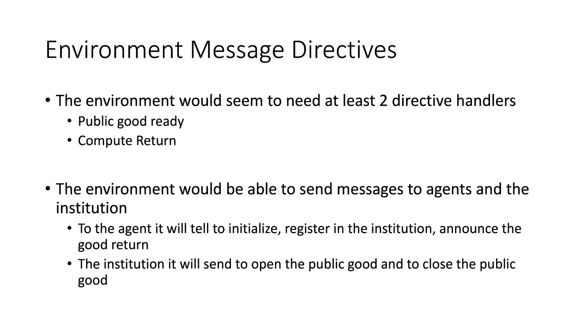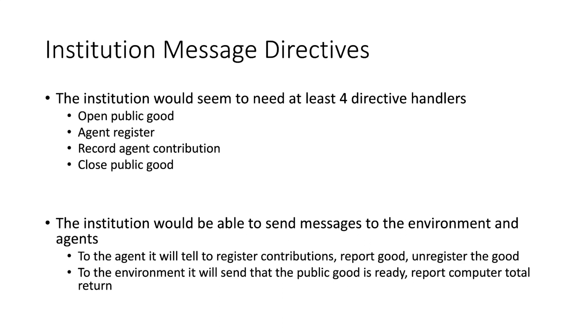So to the agents, it tells the agents to initialize, for example, set their endowment, register in the institution, and then it needs to also tell the agents what the final value is. Further, it needs to be able to send to the institution to open the public good and to close the public good. So there should be a couple functions somewhere in there where you're sending messages, right? So that should happen as well.